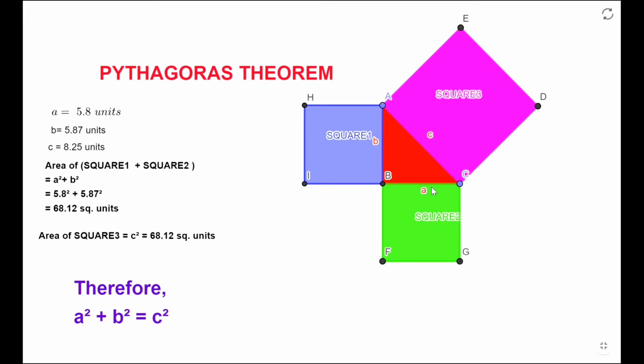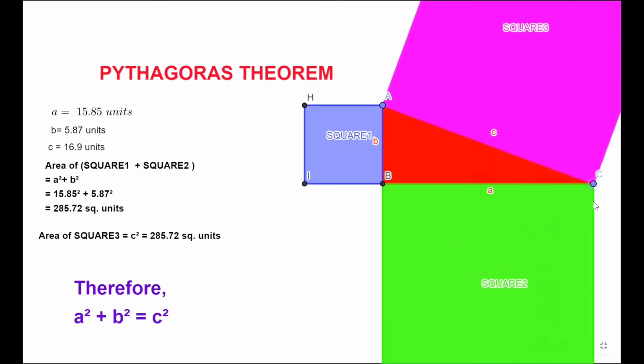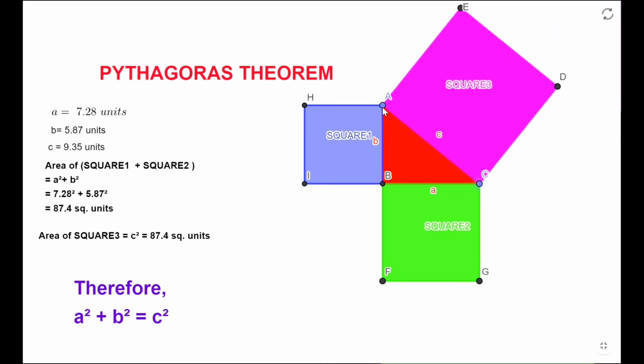Now I am going to play with this triangle and increase or decrease the length of the sides. What we would observe is the area of square 1 plus square 2 will be the area of square 3. Keep watching these numbers and you can see this for yourself. So I'm increasing the side or decreasing it.